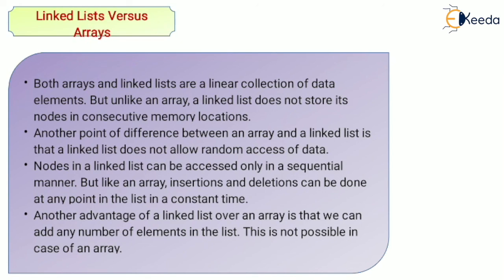Another advantage of a linked list over an array is that we can add any number of elements in the list. There is no limitation on the number of elements. This is not possible in the case of an array, because an array has limitations, such as storing the data of 100 elements at a time.